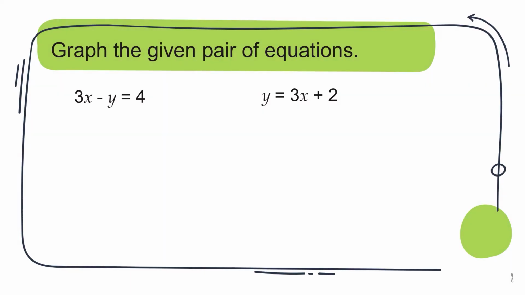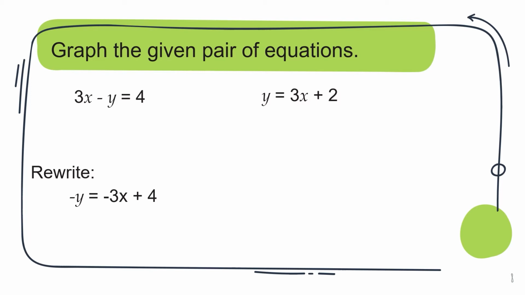The second pair of equations is 3x minus y is equal to 4 and y is equal to 3x plus 2. Again, we have to rewrite the given equation to find the slope and the y-intercept. For the first equation, we have 3x minus y equals 4. Rewriting this into the form y equals mx plus b, we have now negative y is equal to negative 3x plus 4.